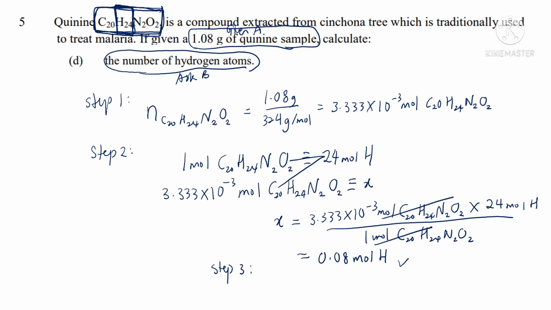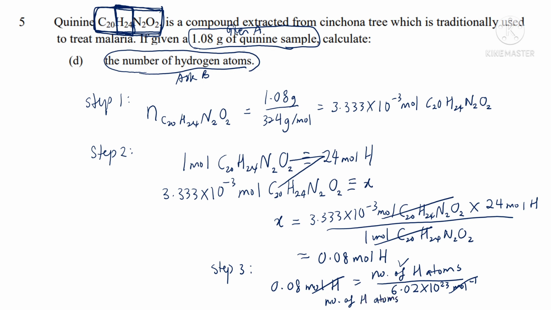So the number of moles of hydrogen atoms we have equals the number of particles, which here is hydrogen atoms, divided by the Avogadro constant, 6.02 times 10 to the power of 23 per mole. Per mole and mole can cancel out to give us the number of hydrogen atoms as 4.816 times 10 to the power of 22 hydrogen atoms.